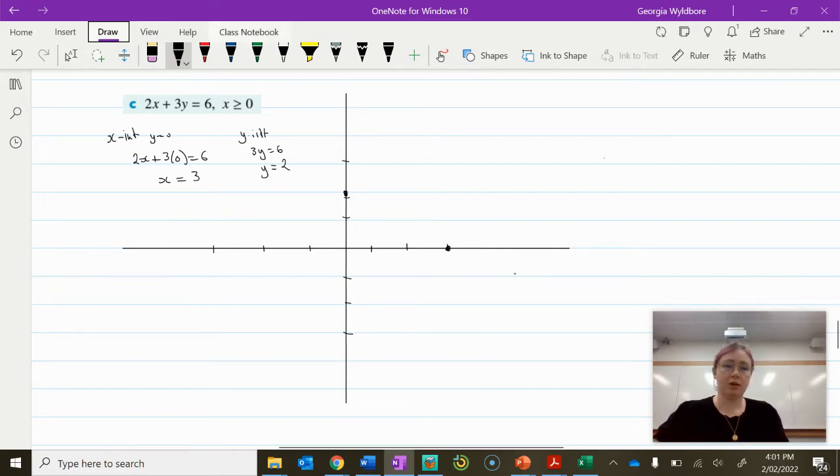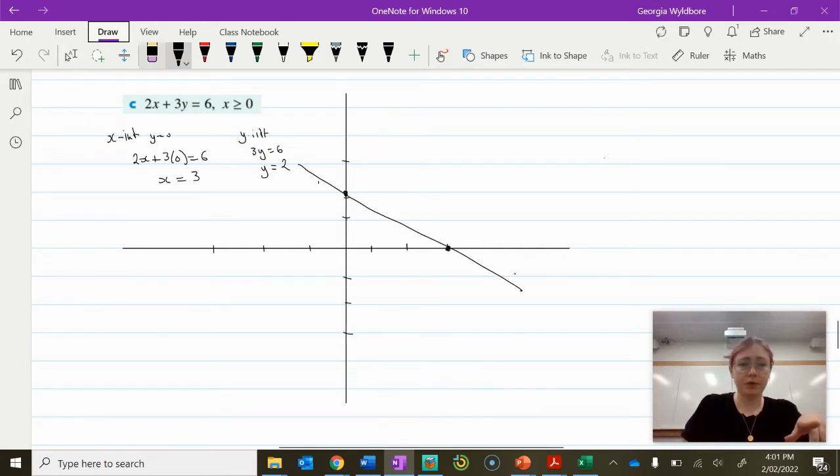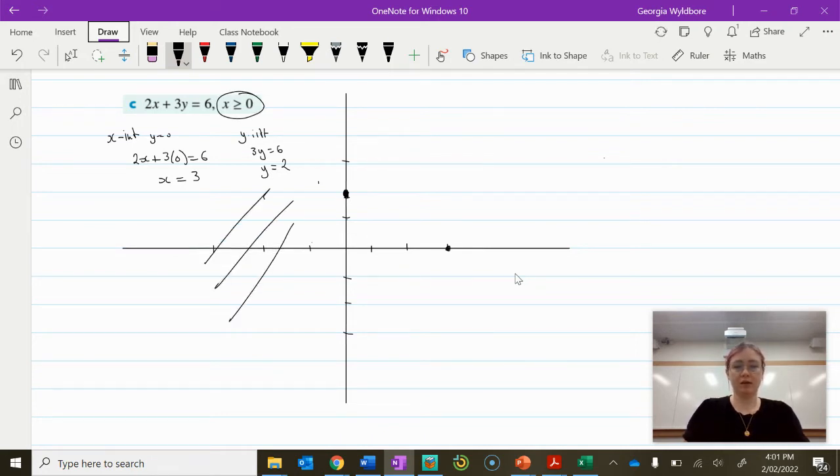That's going to be there. So that line is effectively just going to be going like that. However, we know that it starts at that point there because x has to be greater than 0. So anything that is over here does not exist in this line. So it goes down like that.